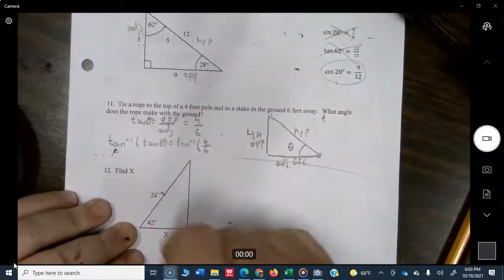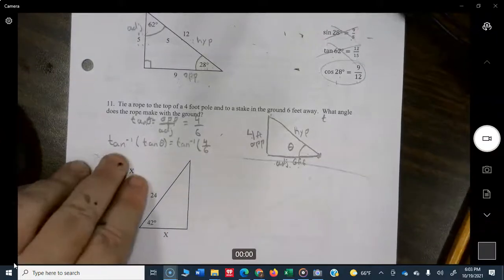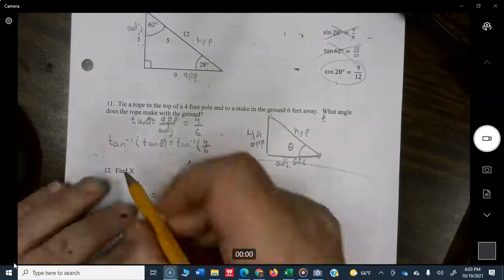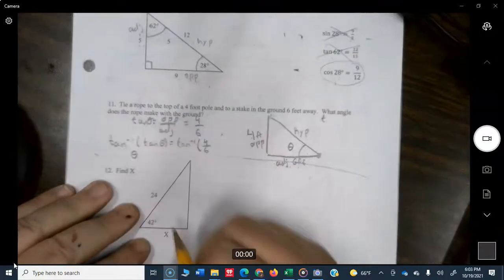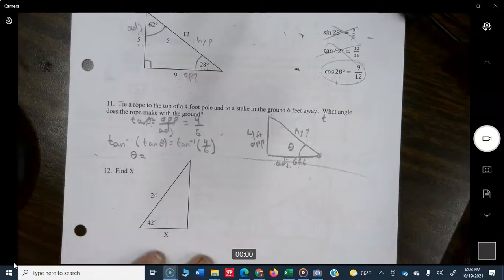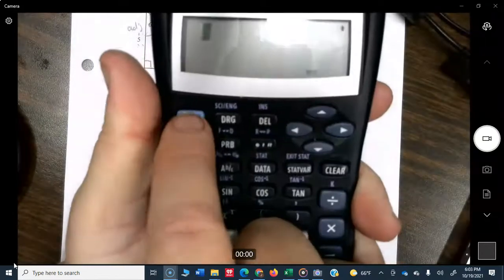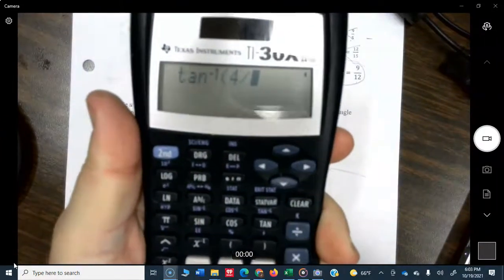We got plenty of space down there for this one. Okay, all right, so inverse tangent of tangent theta is theta. And that equals inverse tangent of 4 over 6. So we're going to come over here, hit the second button, and tangent, and it's going to be 4 divided by 6.